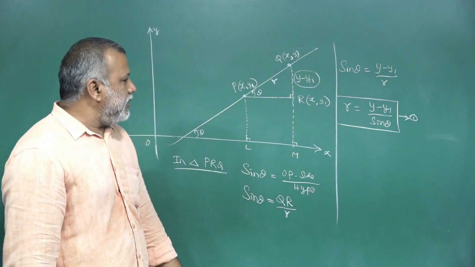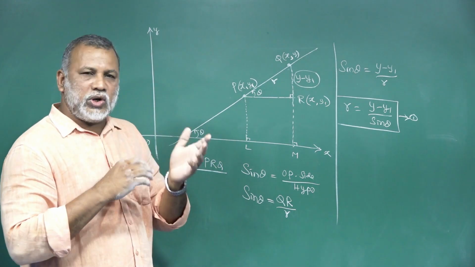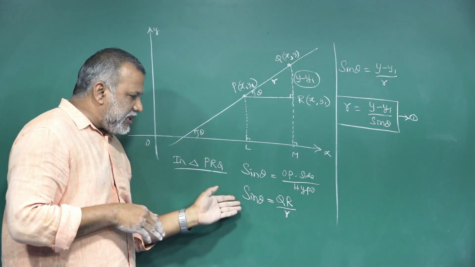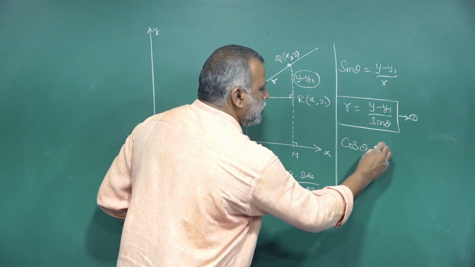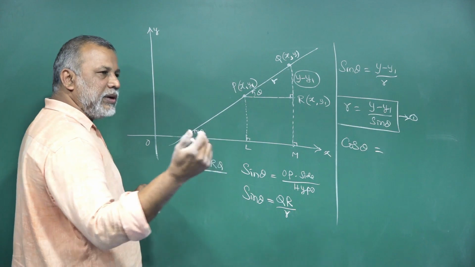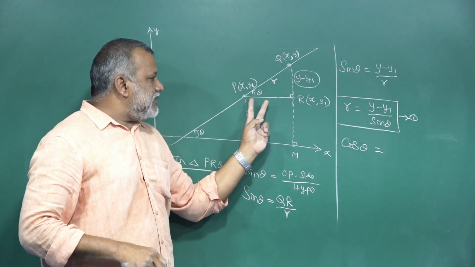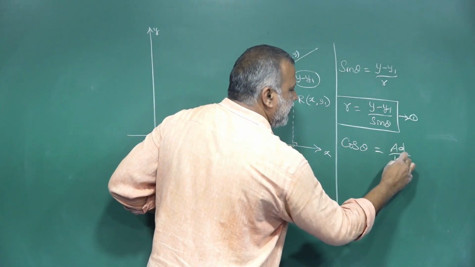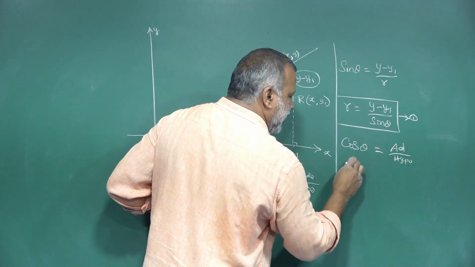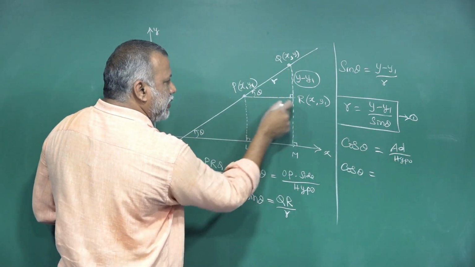In the same way, in this diagram, we are able to work out one more relation. First we worked out sin theta. In the same way, think about cos theta here. What is the formula for cos theta? Adjacent divided by hypotenuse. Here adjacent is PR. So cos theta is equal to adjacent divided by hypotenuse.